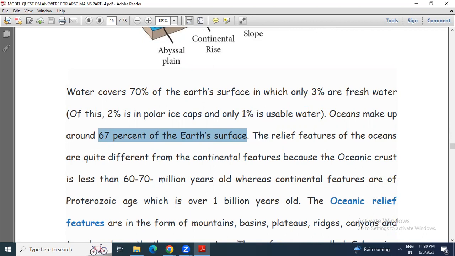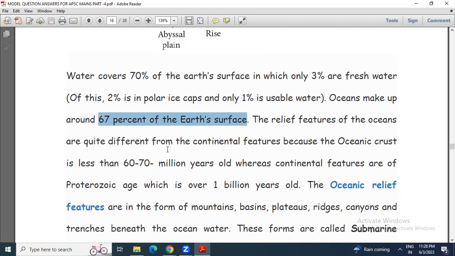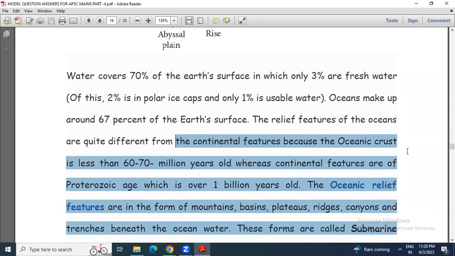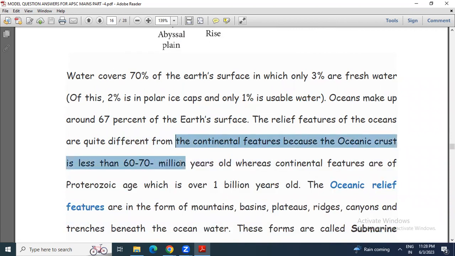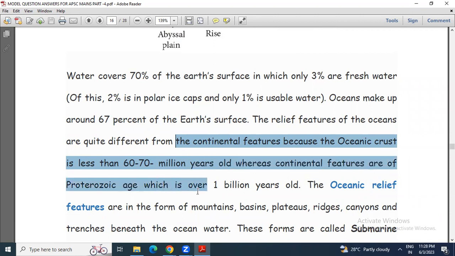The relief features of the oceans are quite different from the continental features because the oceanic crust is less than 60 to 70 million years old, whereas the continental features are of Proterozoic age, which was over 1 billion years old. So here we are talking about why the continental features and oceanic crust are different.